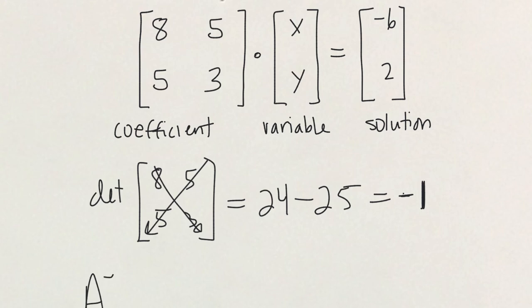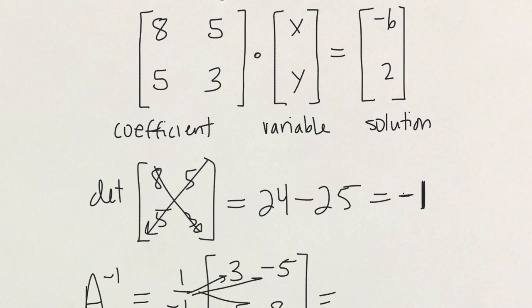Then A inverse is 1 over -1 times, let's switch your 8 and your 3 and make your other diagonals negative. But now we're just going to make all of them the opposite sign because we're multiplying everything by -1. So your inverse matrix is -3, positive 5, 5, and -8.